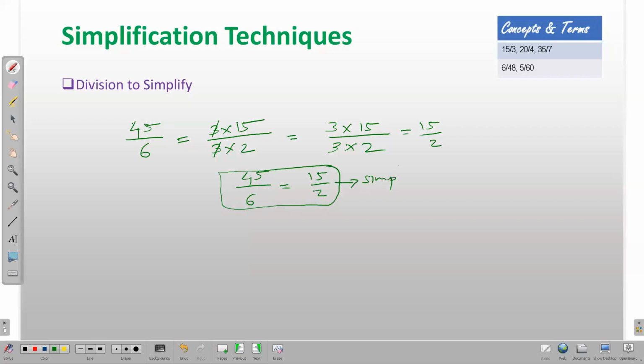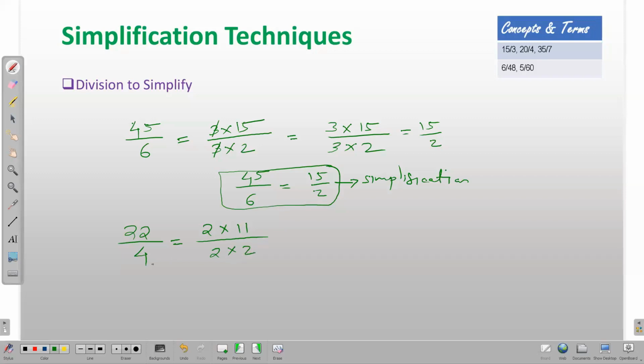Simplification. This is what we are learning now. Now Acha is writing another number. 22 by 4 equals. This is why you should have the multiplication table on your fingertips. Acha is going to write 2 times 11 divided by 2 times 2.